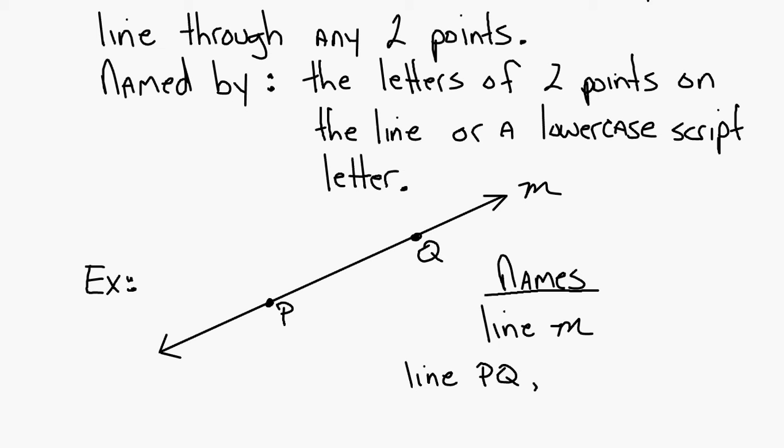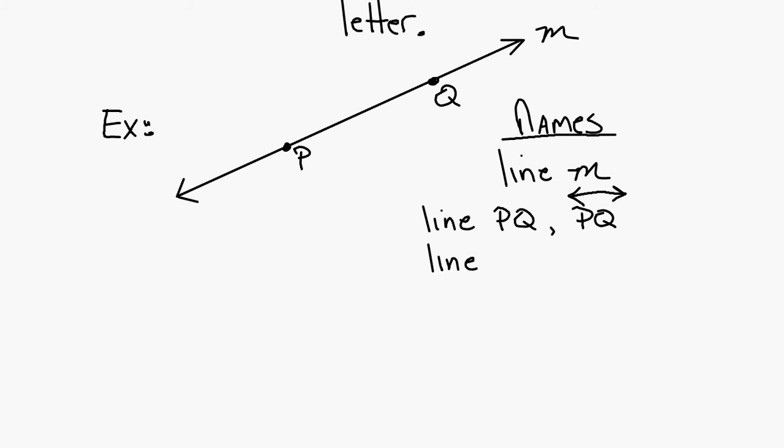You can also use the symbol for line, which is just a small line, and then the letters, 2 points that are on the line, underneath the symbol. The order of the letters doesn't matter. So you can also call it, what else can you call it? Good, old line QP. And same if you use the symbol.